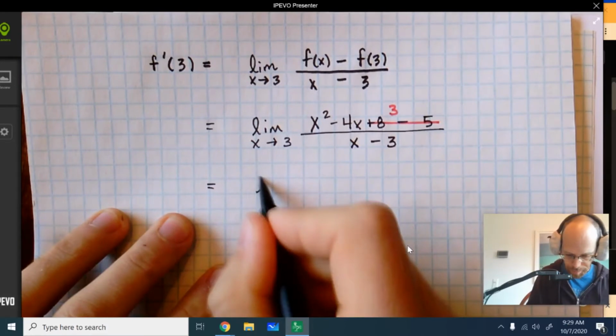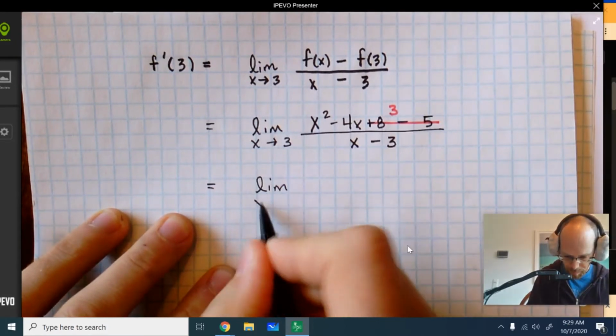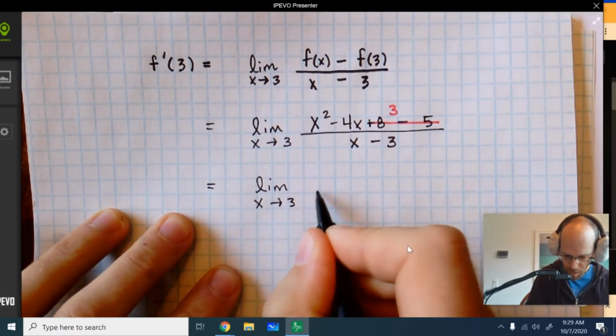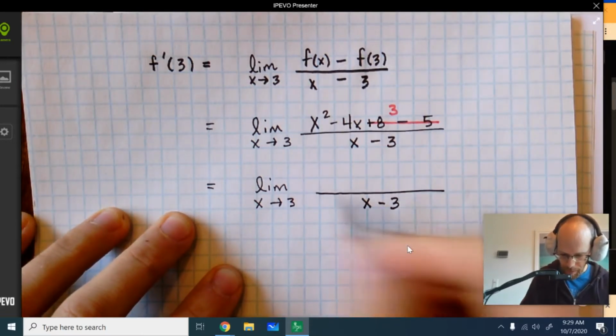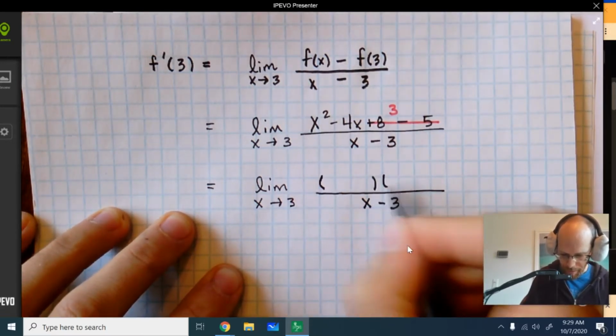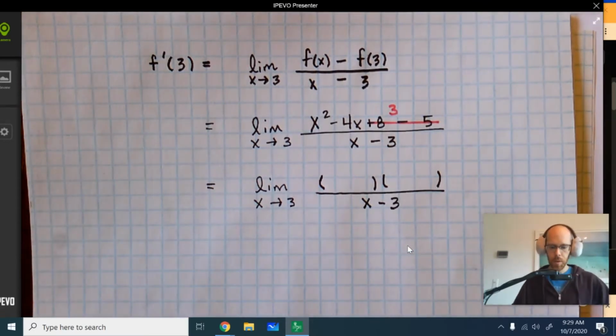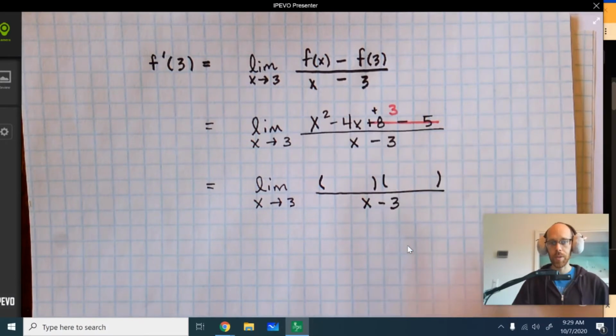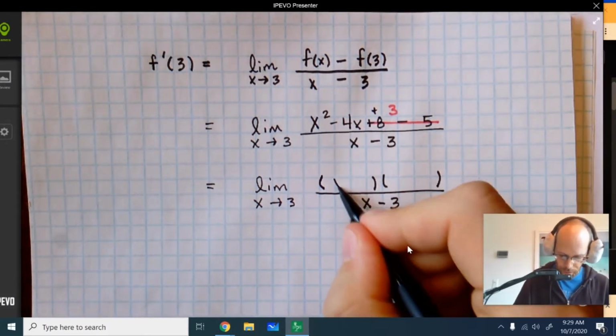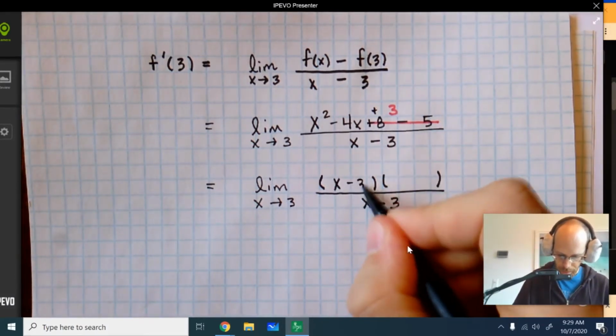When we factor, whatever factor we see in the denominator should be a factor of the numerator. So I have up here x squared minus 4x plus 3. That should factor into x minus 3 and something else.